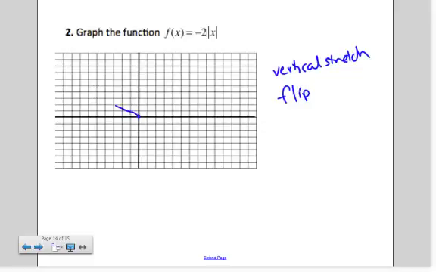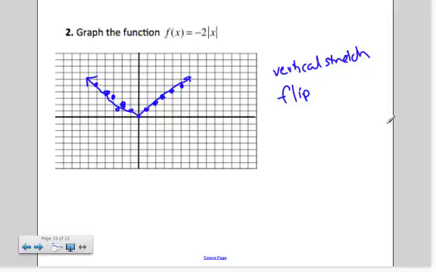It looks like this. Ooh, that is really bad. Those should be going through this point, this point, this point, this point, this point. Okay, let's attempt. All right, so that's my parent function.